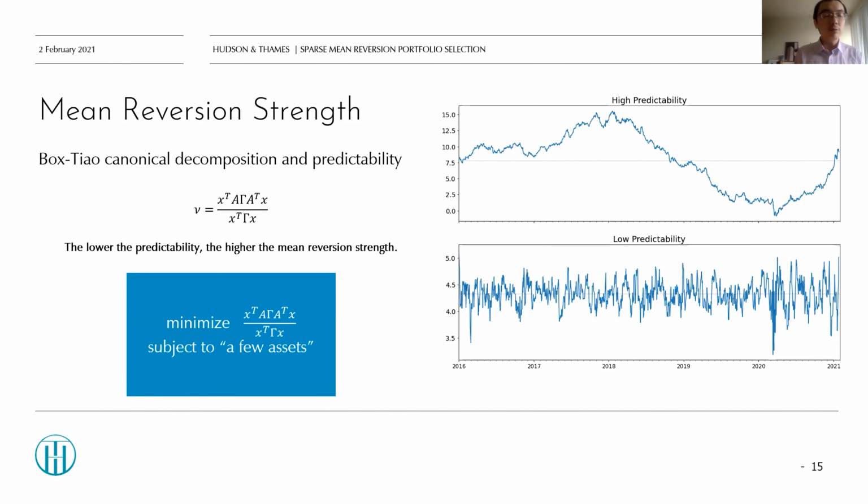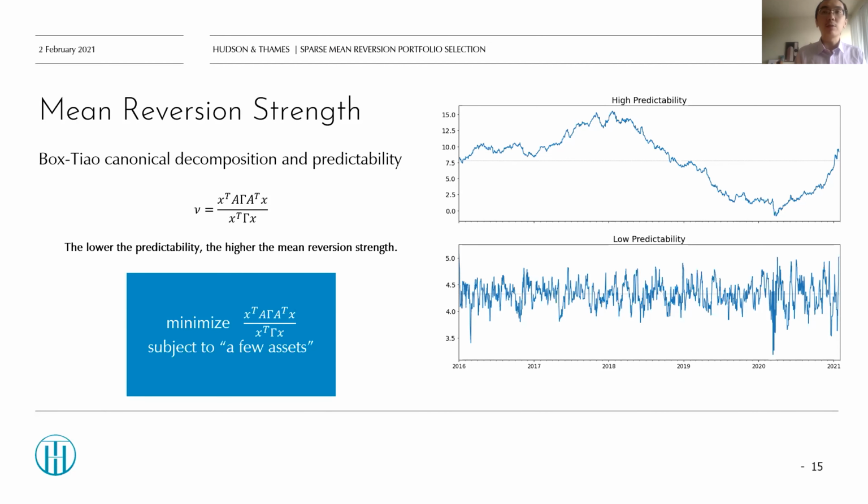We can notice that if we write the portfolio process as a linear combination of the assets in the investing universe, we can connect the predictability to the portfolio weight vector. So now this is a more well-formed optimization problem. We can minimize this function based on all the info we have.